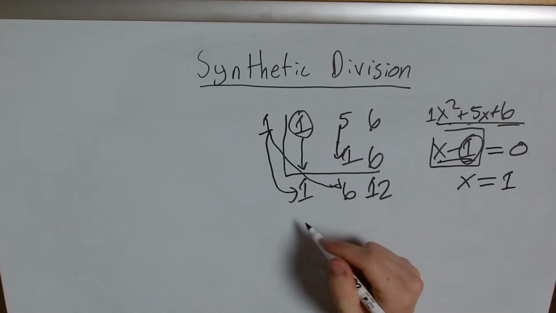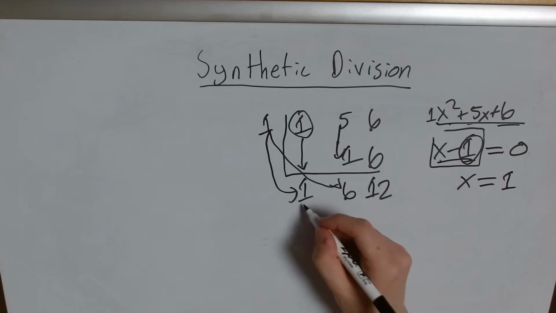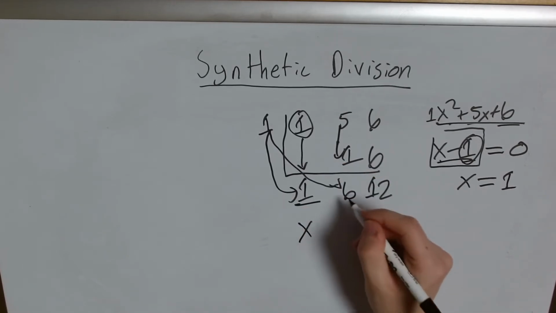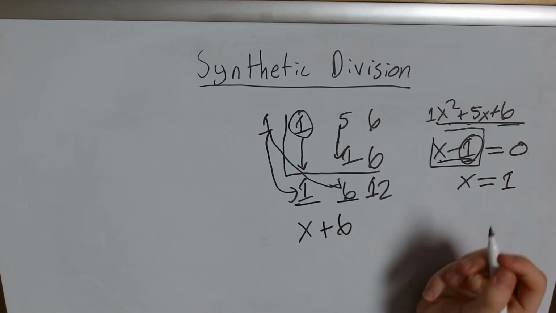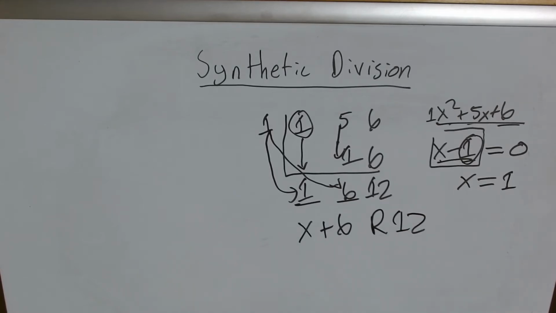Now, we're going to rewrite this quadratic with our coefficients, right? So in our x column, we have 1. In our units column, we have a 6. Then we have a remainder of 12, which is exactly what we got when we divided previously.